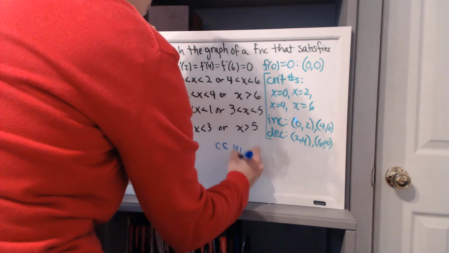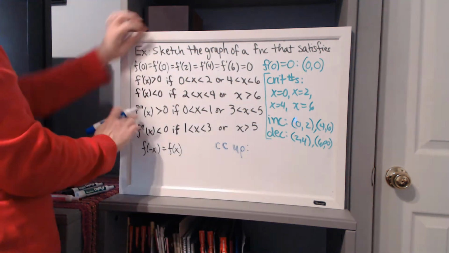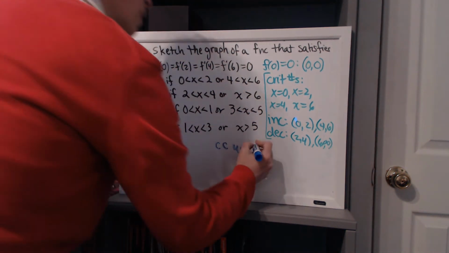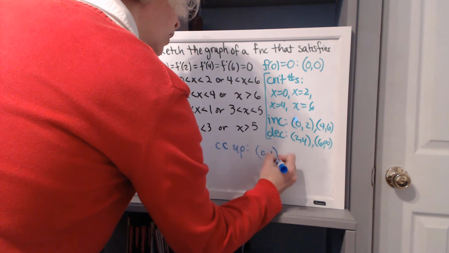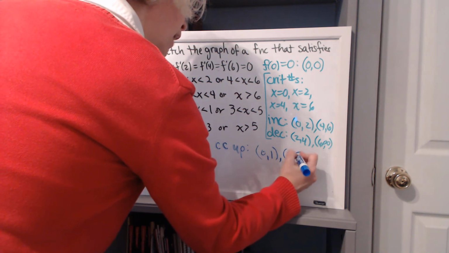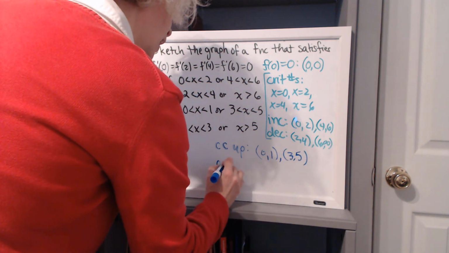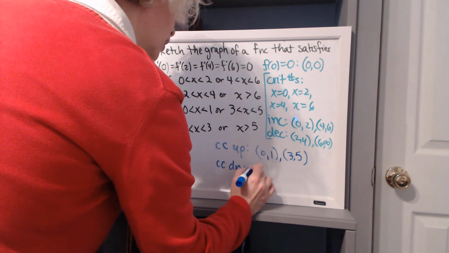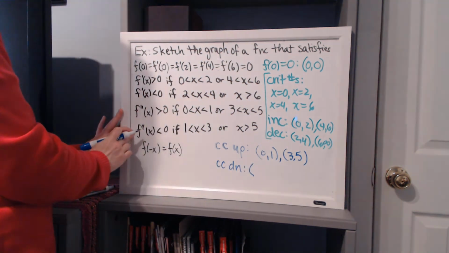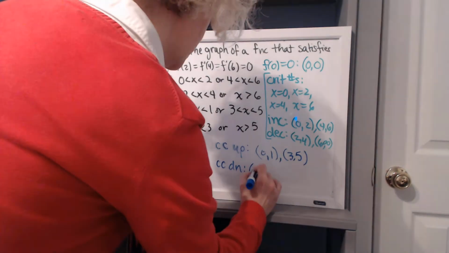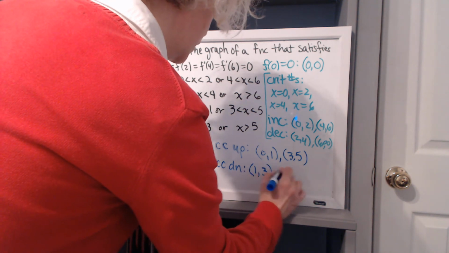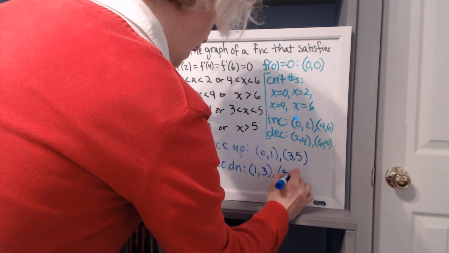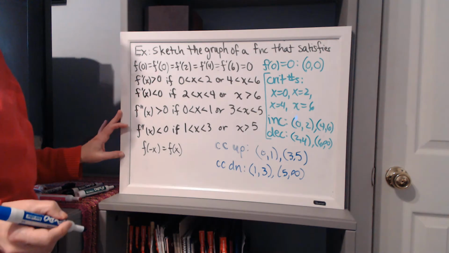So concave up is when the second derivative is positive. So that's going to be 0 to 1, and then again from 3 to 5. And concave down, that's going to be when the second derivative is negative. That is between 1 and 3, and then 5 onward, so 5 to infinity.